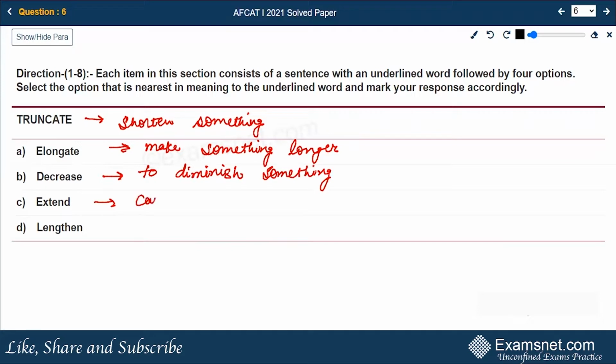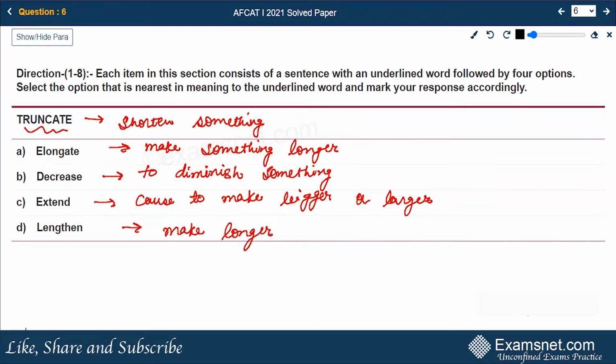Extend means something which you can make bigger or larger. When you're making something bigger or larger, we say that you're extending that thing. Lengthen obviously means to make something longer. So truncate, which means shortening something, will go with decrease. That is option B is your answer.